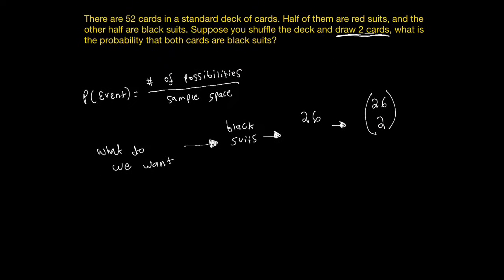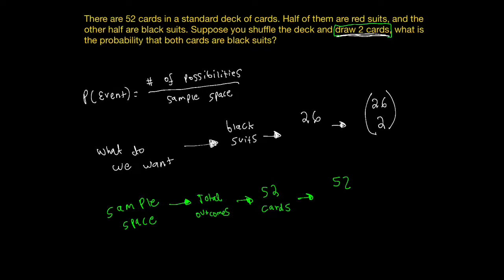Now we have to find the sample space. And recall that the sample space takes into account the total possible outcomes. And here we have a total of 52 cards. And remember, out of these 52 cards, our event is telling us that we're going to have to draw 2 of them. So the sample space is going to be 52 choose 2.